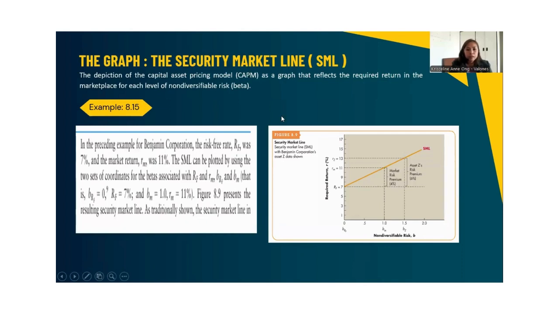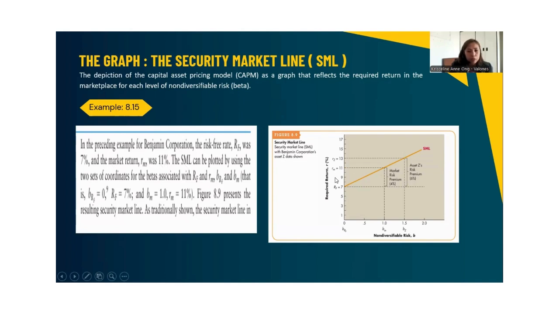In this slide, it's talking about the security market line. The security market line is the graphical depiction of the capital asset pricing model. It is a graph that reflects the required return in the marketplace for each level of beta. In the example, the risk-free rate was 7% and the market return was 11%.